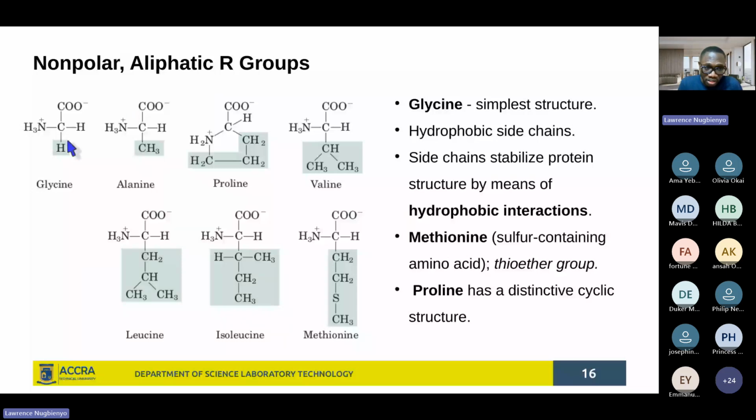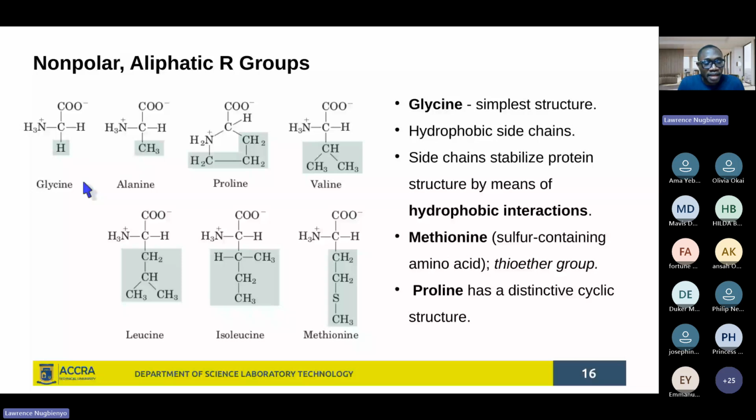So the first you see there is glycine, the smallest amino acid. The side chain is hydrogen. If you remember, we also mentioned that it is glycine that does not have a chiral center, because the side chain is hydrogen, which makes all the groups around it not different, because it is having two hydrogens on that alpha carbon.